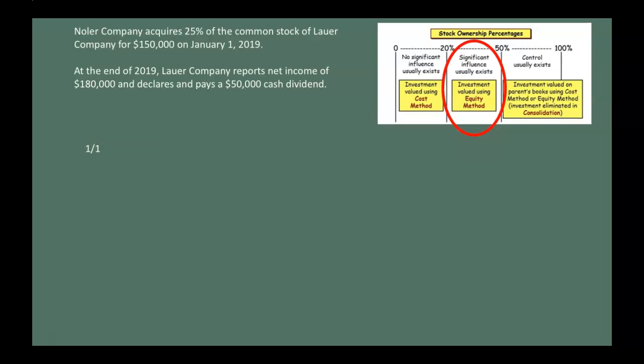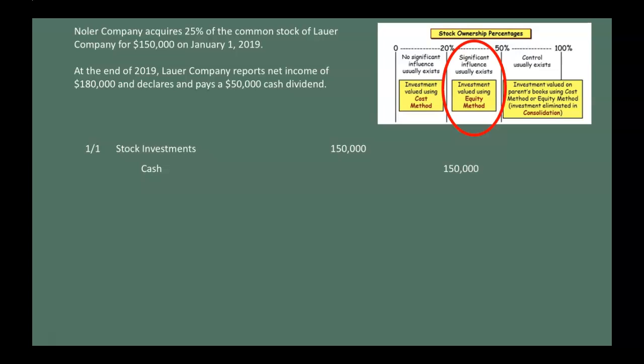Here's what's nice about cost method and equity method: either way, the entry is going to look the same. It's a debit to stock investments and a credit to cash for the cost of that investment. So we debit our stock investments $150,000 and we credit our cash for $150,000.